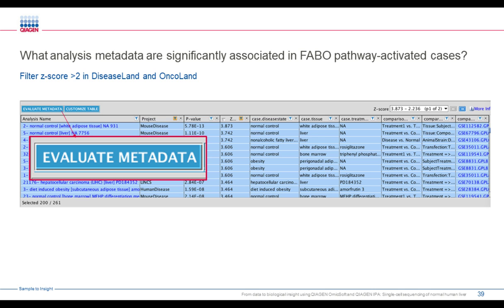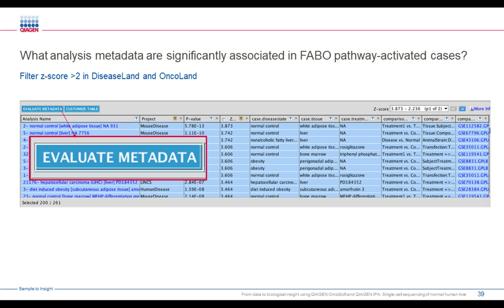And we are going to look at a set of data sets that has been imported from OmicSoft that came from Disease Land and Oncoland. It seems to be a little bit complex right now, but Disease Land and Oncoland are a set of comparison expression in different oncological or many other types of disease. We have gathered them, normalized them, curated them, sent that to IPA, and now we can compare the profile of prediction between our own data set and these data sets.